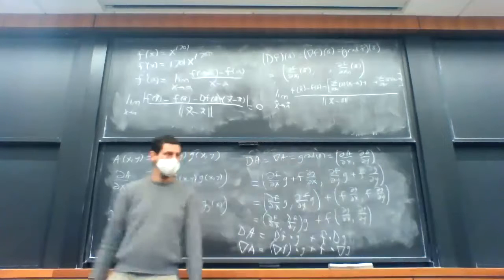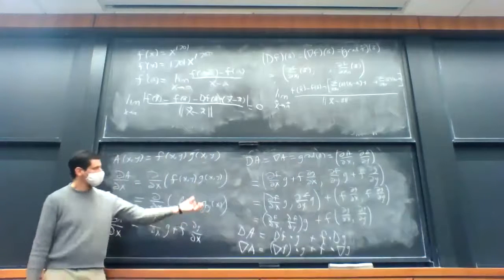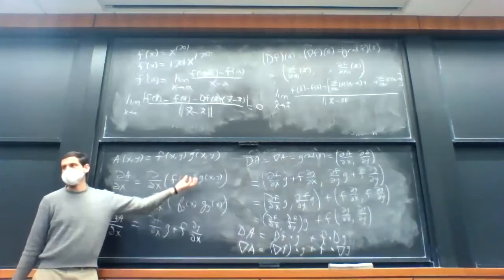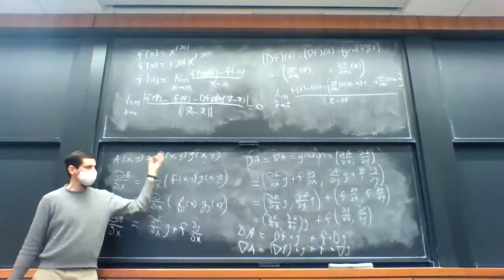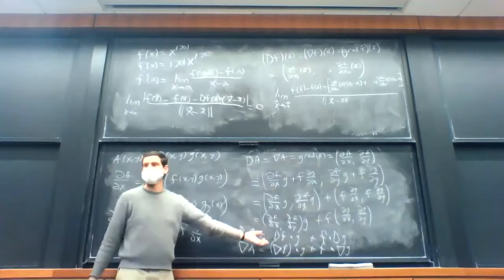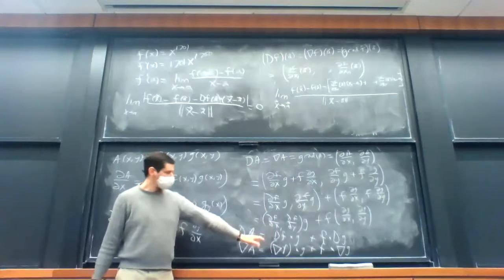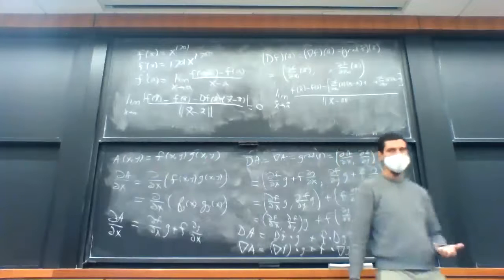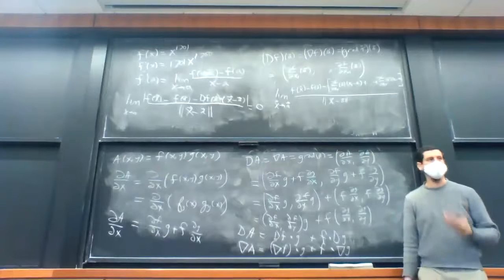Perfectly fine. What this is telling us is that if we have a function that can be represented as a product of two other functions, the derivative of the product is still essentially this combination of the functions and the derivatives. We just have to be careful now because derivative in multivariable calculus means the vector of partials.